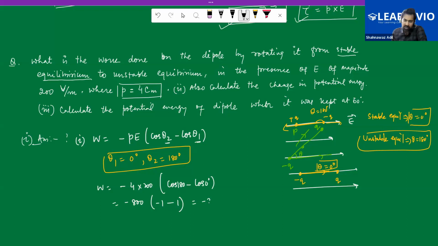So this is minus 800 into minus 2, so minus 1600, and minus minus plus. So 1600 joules. So this would be 1.6 kilojoules. So this would be the work done. Is it clear? Is it clear, guys?